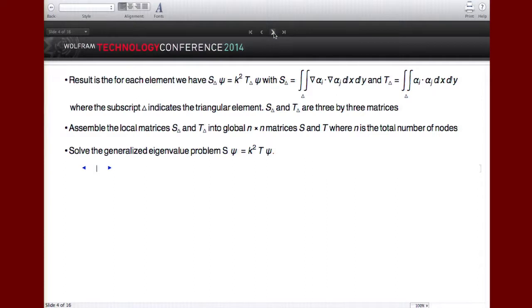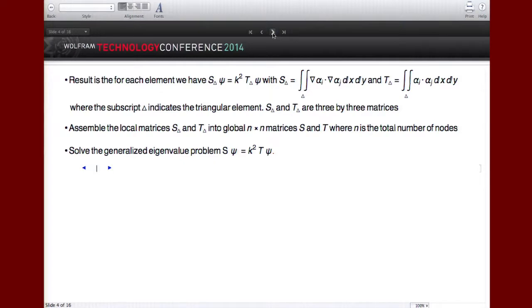So for each triangle, we're going to get a 3 by 3 matrix. These are local matrices, and then they have to be assembled into global matrices S and T with no subscript here, okay? And these will be n by n matrices where n is the total number of nodes. And then we go ahead and solve the generalized eigenvalue problem: S psi is equal to k squared T psi.